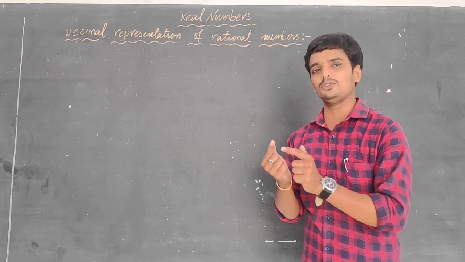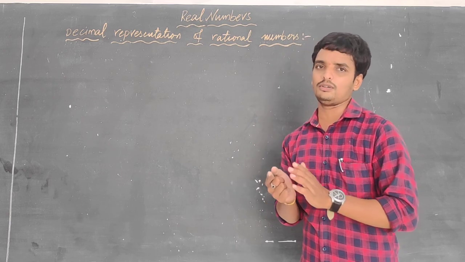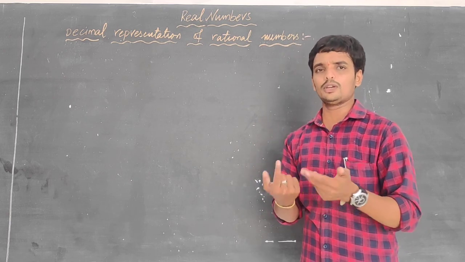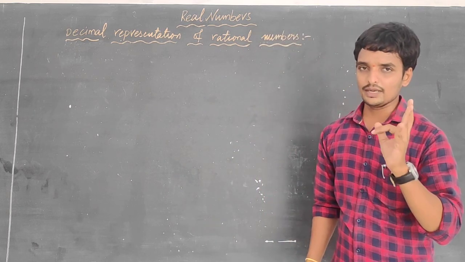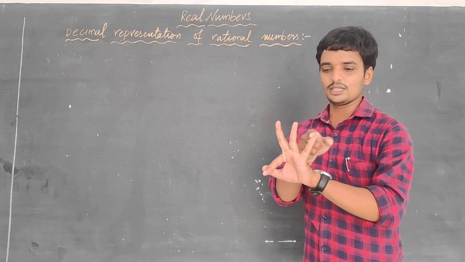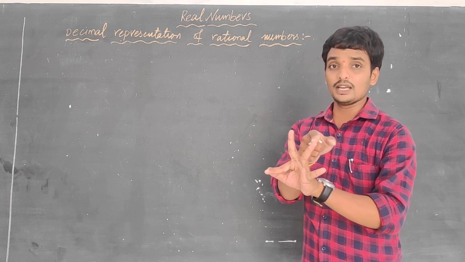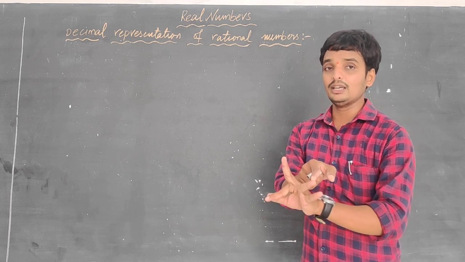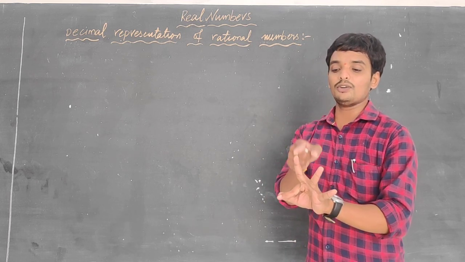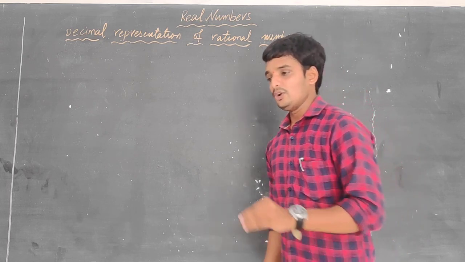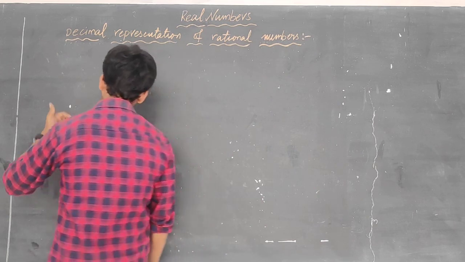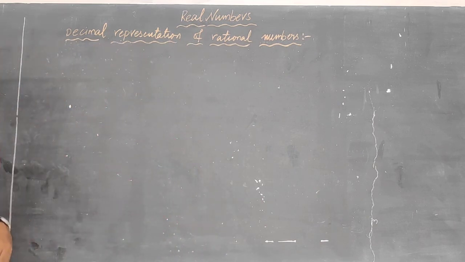You can use repeating or recurring, as you wish. Again, I am telling you, decimal numbers are three types. The first one is terminating decimal, the second one is non-terminating recurring decimals, and the third one is non-terminating non-recurring decimals.